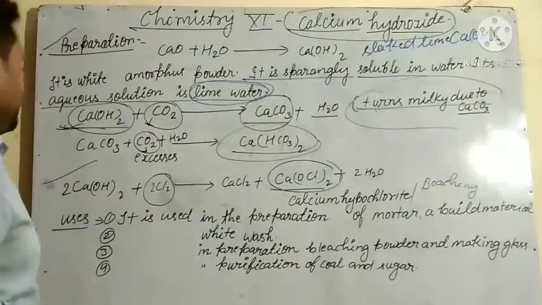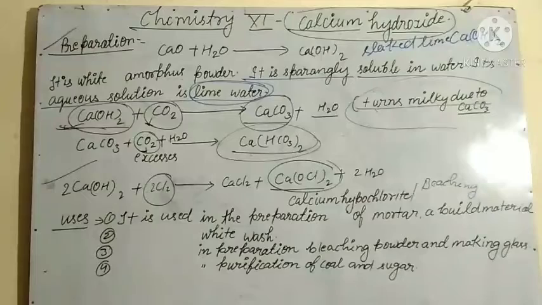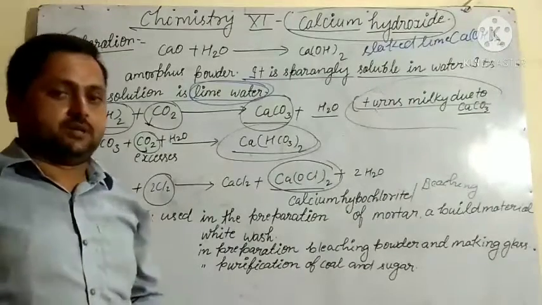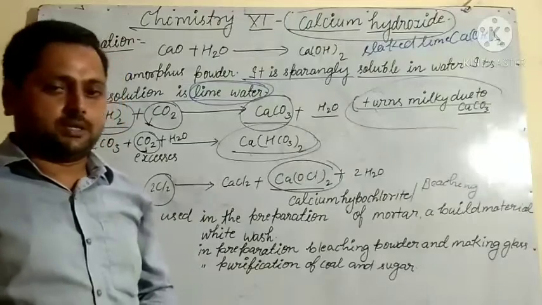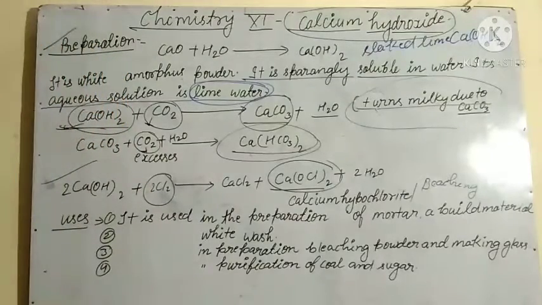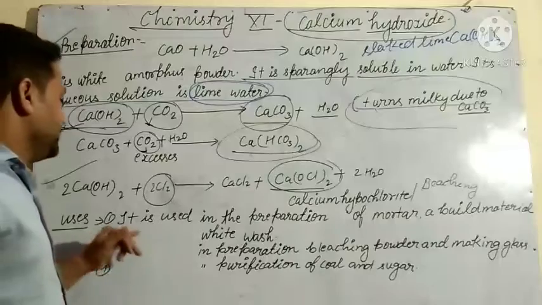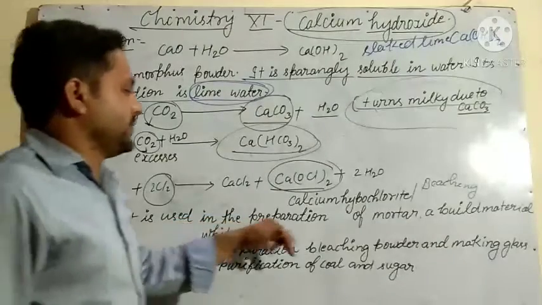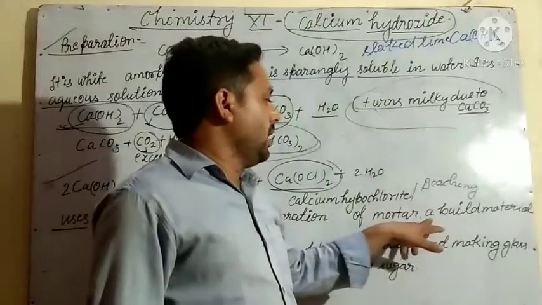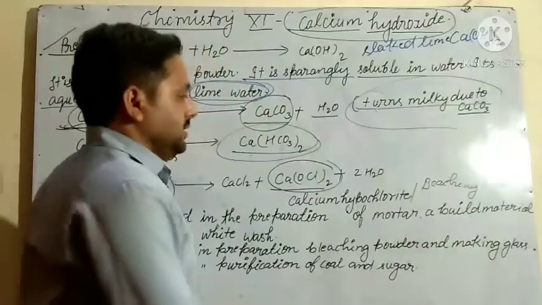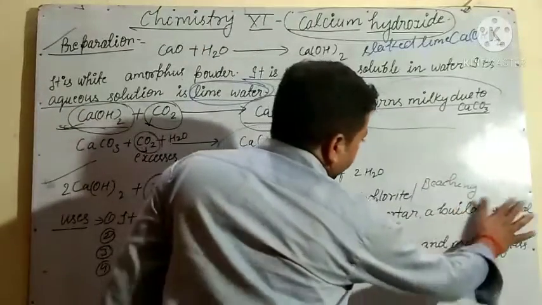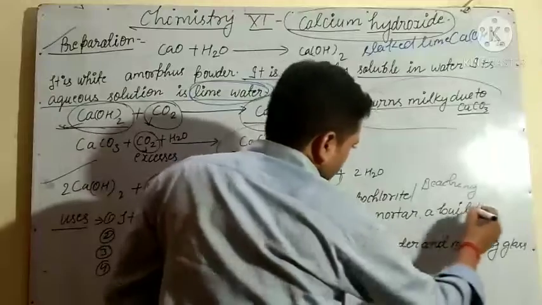So next are the uses, where it is used. First, it is used for whitewashing. It is used in the preparation of mortar, a building material.